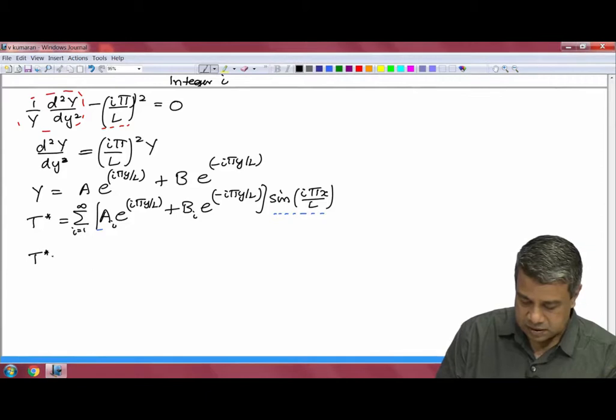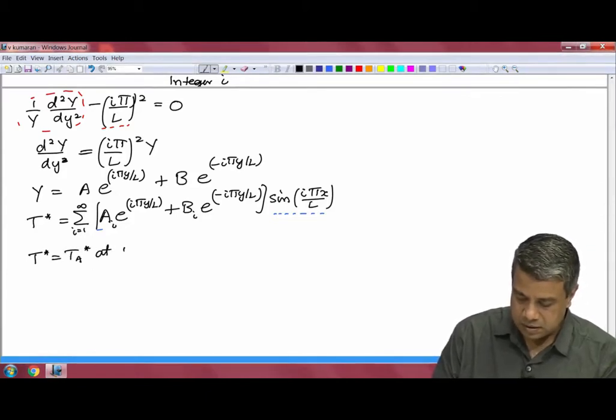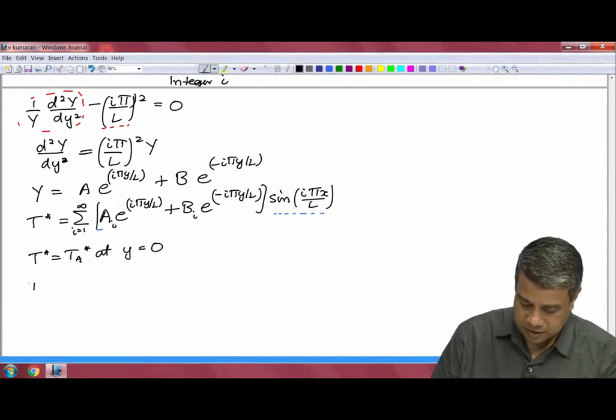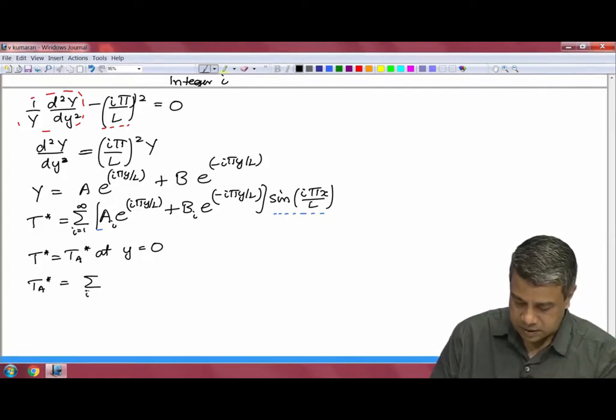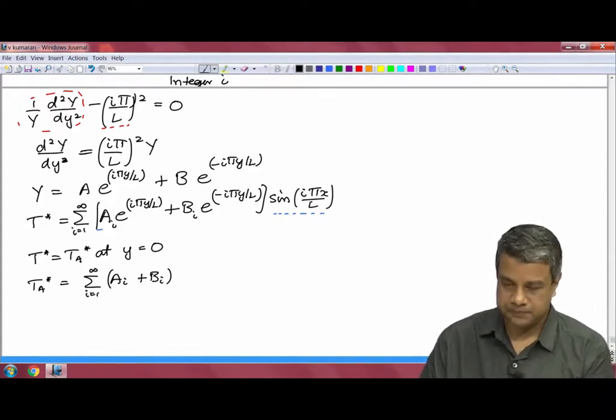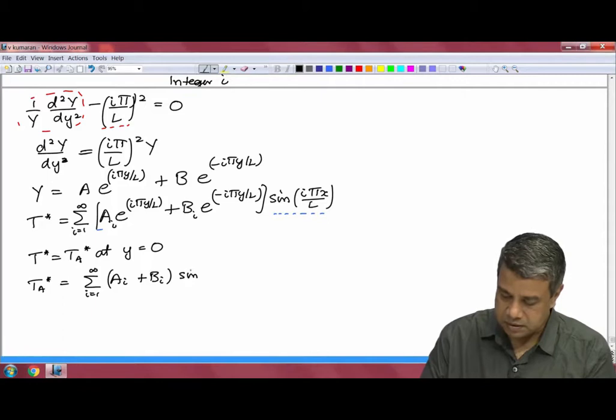T star is equal to T_A star at y equal to 0, which means that T_A star is equal to summation i equal to 1 to infinity of a_i plus b_i, since when y is equal to 0 the exponentials are both equal to 1, times sine of i pi x by L.